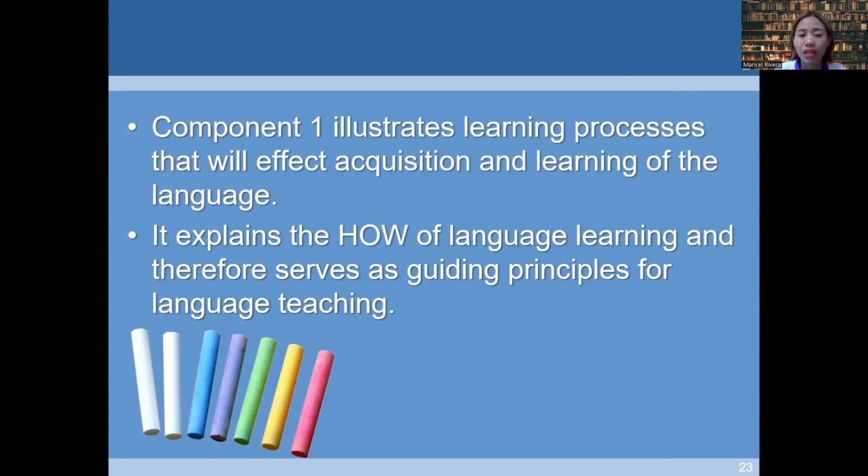There are, of course, guiding principles, because we cannot just teach a language without anchoring what we are doing to the principles and to the theories that already exist. So we have to bear in mind that the how of language learning serves as guiding principles for language teachers.